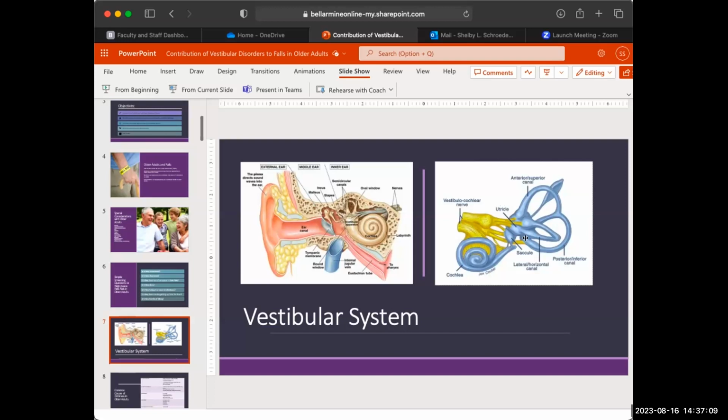And then where it says utricle, that's where the otoconia, or the tiny little crystals that cause BPPV or vertigo, are supposed to be. And then they get dislodged and they go into these semicircular canals, and they're free floating in there.